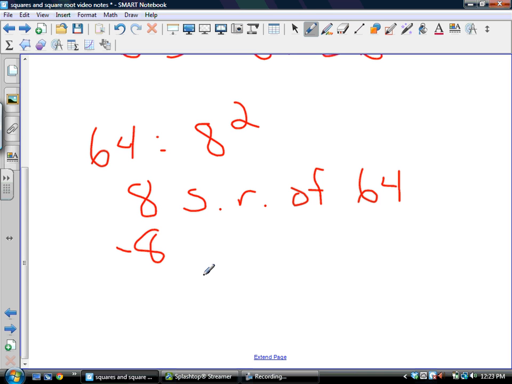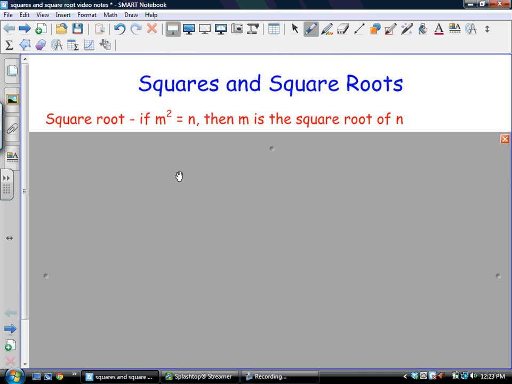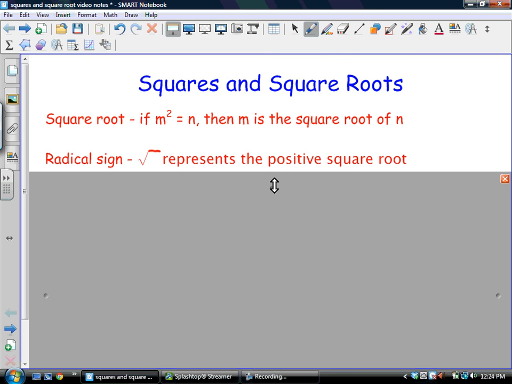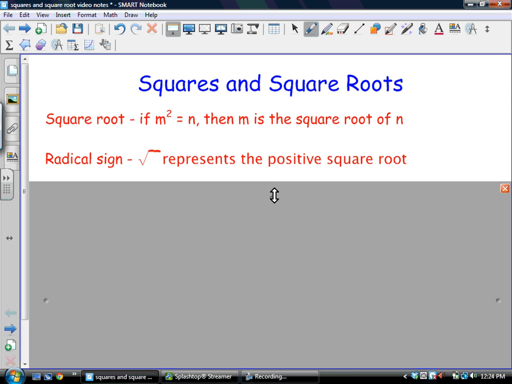Now, mathematicians are pretty lazy people, so we don't want to have to write out every time that we're looking to find the square root. So they came up with a symbol to mean find the square root. That symbol is called the radical sign. And there it is. It basically looks like a division sign with a check mark out front.